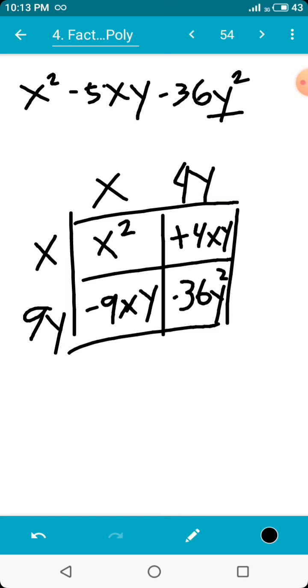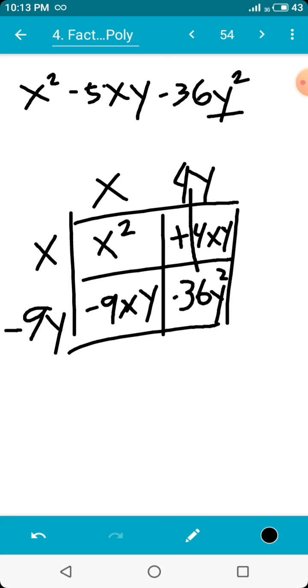So, by getting their product. So, x times x squared. So, tama. 4y times x, that is 4xy. So, tama. And then, x times 9y, dapat negative 9xy. So, ibig sabihin, ang sign ng 9 ay negative. Okay? Para maging negative 9xy yung product.